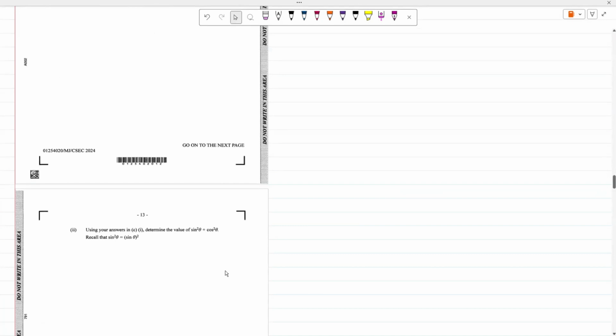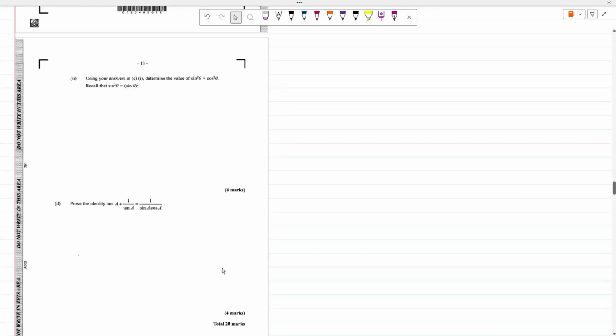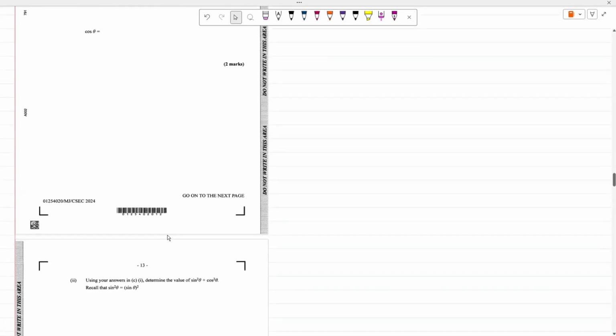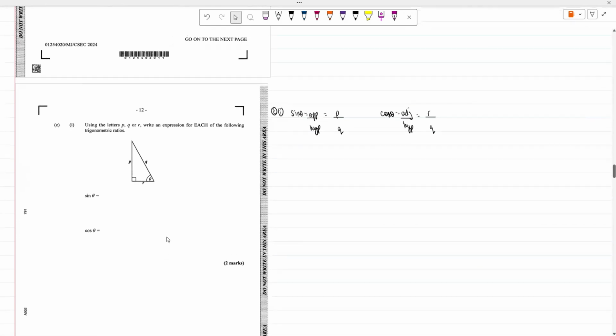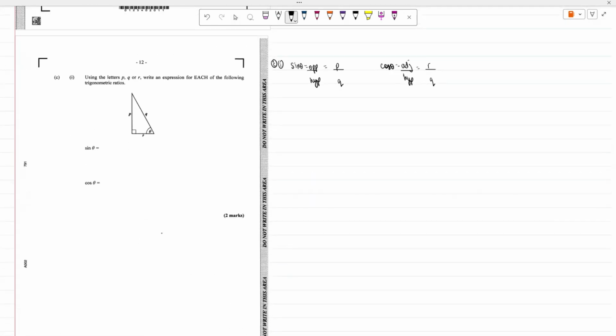Use your answers in C part 1. Determine the value of sine squared theta plus cos squared theta. Recall sine squared theta is sine theta squared. Now, we could cheat, right? But we wouldn't. Part 2. Sine squared theta plus cos squared theta is P over Q squared plus R over Q squared.